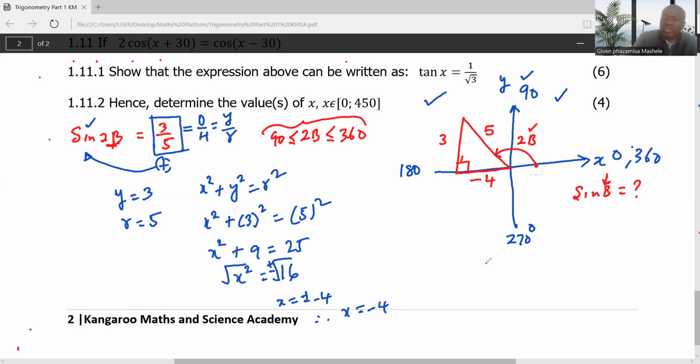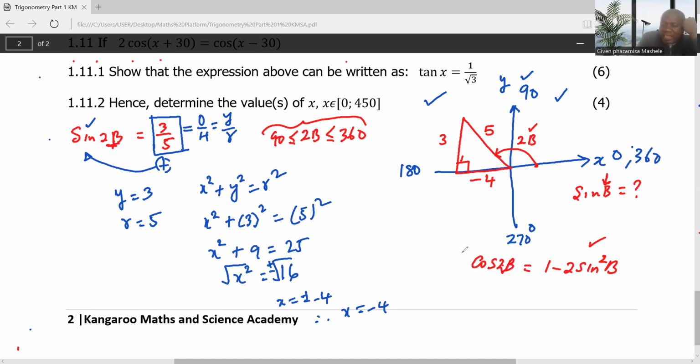So since we want sine beta, let's write the double angle for cos, the one with sine only. Cos 2 beta is the same as 1 minus 2 sine squared beta. So I've used the double angle for cos.